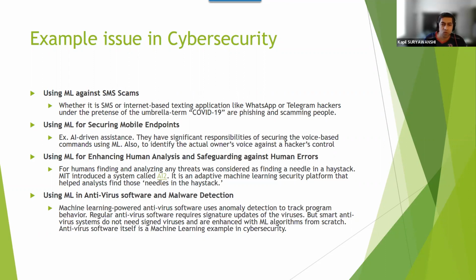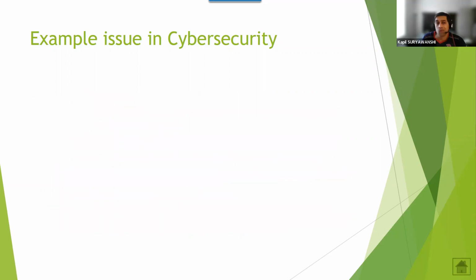Regular updates are still okay because of the old static viruses, but there are new behavioral viruses which change themselves, or malicious code which dynamically adapts to a situation. To safeguard against such code, you need your solution to also be dynamically adapting. So machine learning algorithms are used in the newer versions of antivirus software as well to enhance cybersecurity.